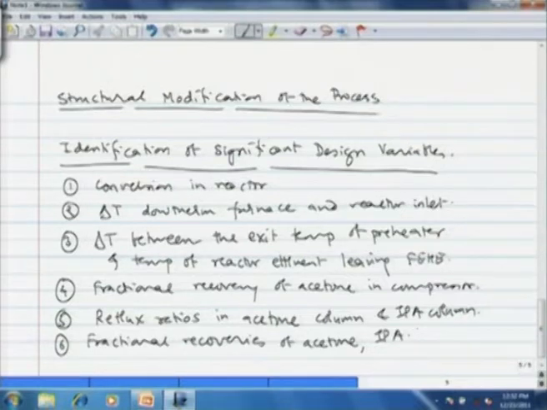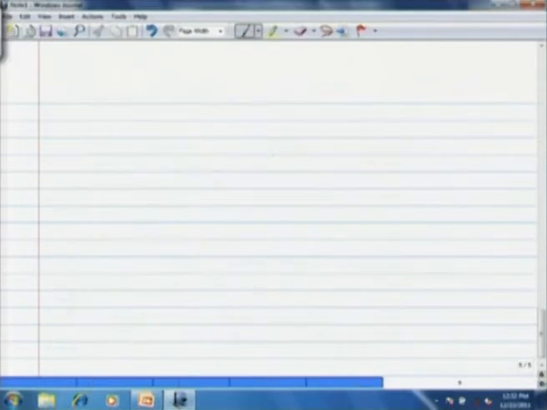So these are some of the design variables that we can identify from the cost diagram. Now some of these design variables have a local impact and some of these will have global impact, which means change of that variable will affect the entire flow sheet. So we note local and global design variables.